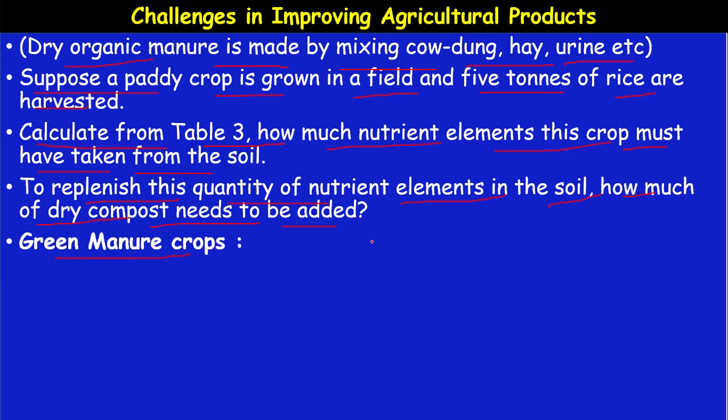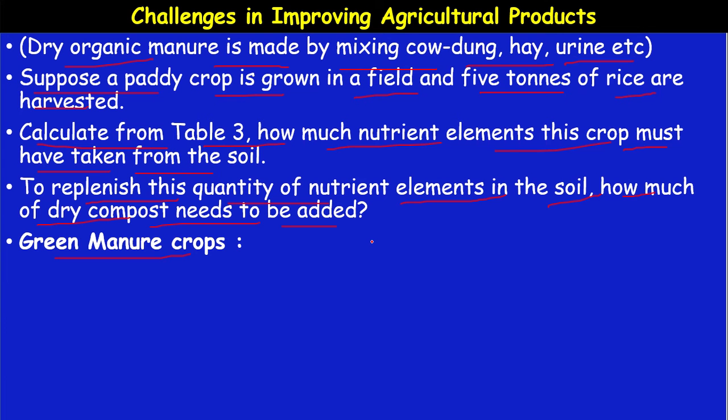Next, green manure. Manures and fertilizers can enrich the soil with various nutrients, therefore they are used in crop production. Manure refers to the decomposed organic matter obtained from plant and animal wastes, which contributes to the fertility of the soil.